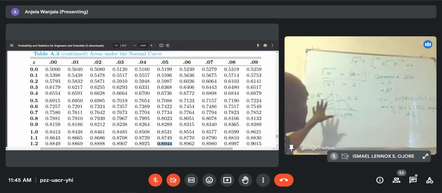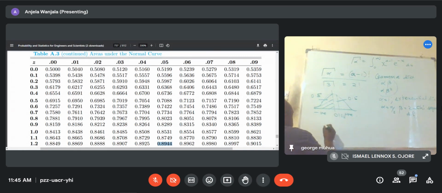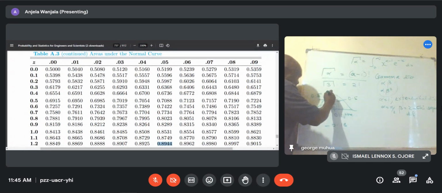Okay, like if you are using this table, 1.25 is positive. Now, if it is negative, the best way to determine these probabilities is to sketch. You sketch and identify where this value is. So if I gave you, say, negative 0.18, negative 0.18 would be here on the left of 0.